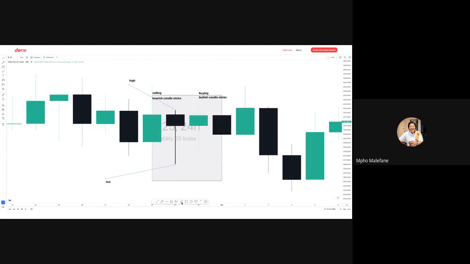Then this distance, you can either call them wick or shadow or tail.